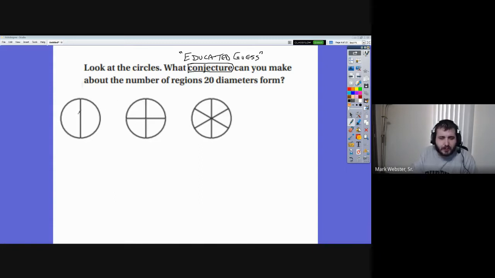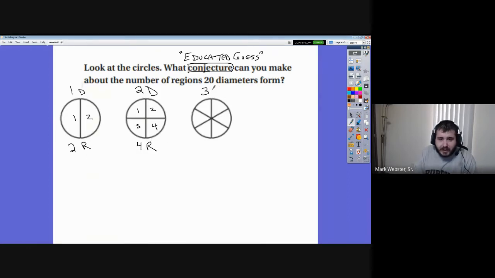So we want to know the number of regions. So if we look here, how many regions are cut? We've got one diameter, two regions, right? We've got two diameters now, one going top to bottom, one going left to right. We count, now there's four regions.